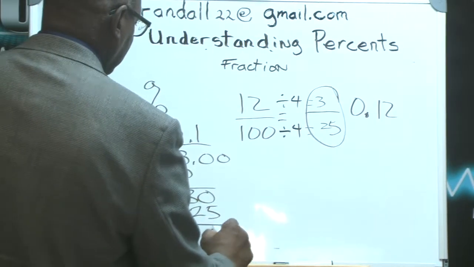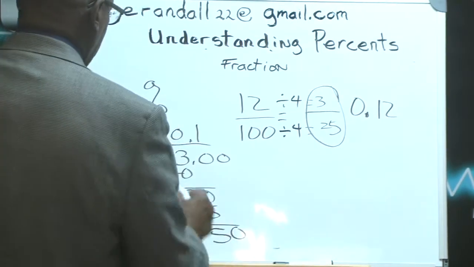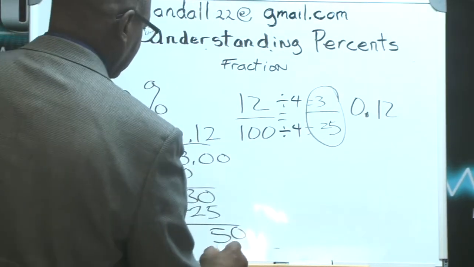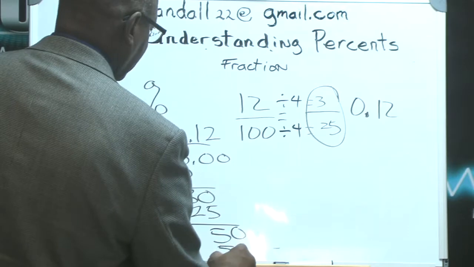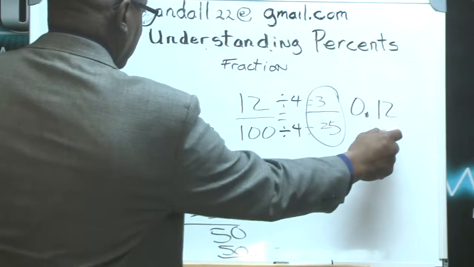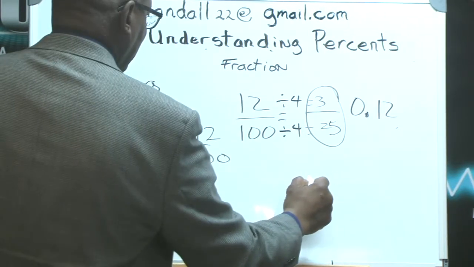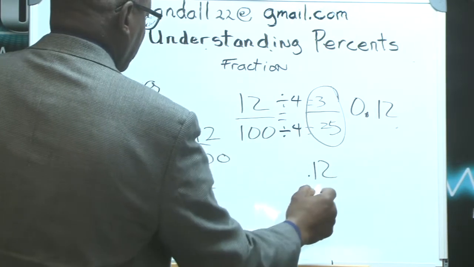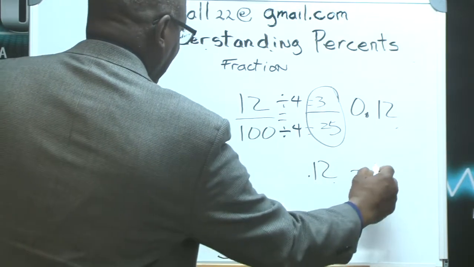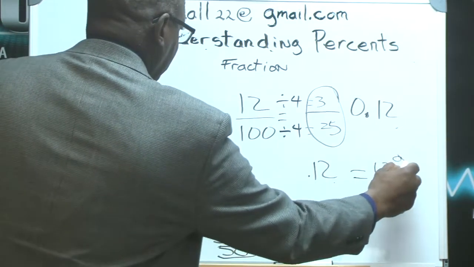We subtract. And can 25 go into 50? 2 times. And that's 50. That's our decimal. We take our decimal and move it 2 places to the right and rewrite that as 12%.